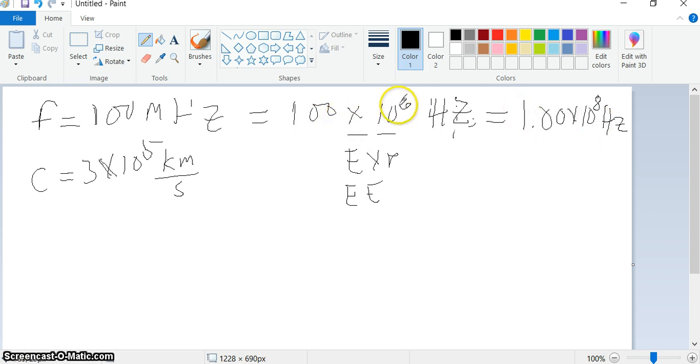So you have to add 2 to the 6 here, and that's how it's 1.00 times 10 to the 8th. I know a lot of people already know that. I just wanted to point that out.